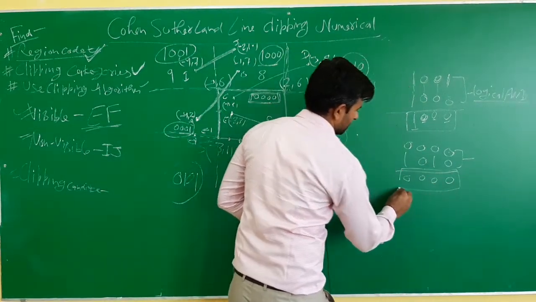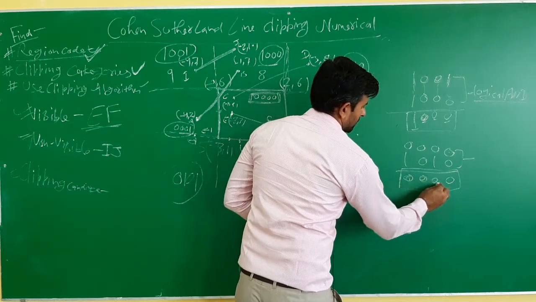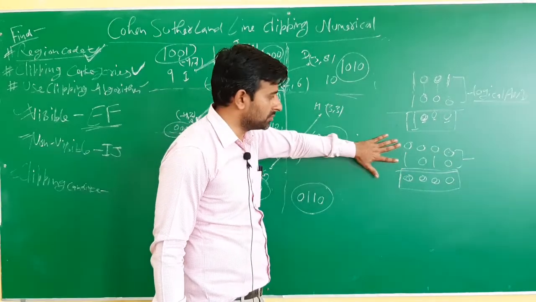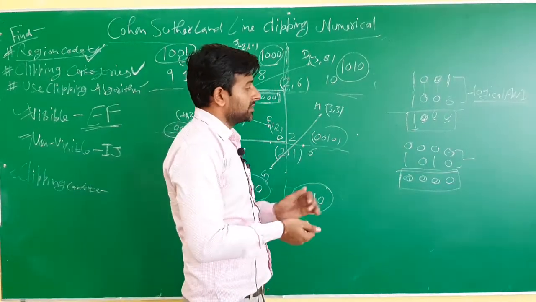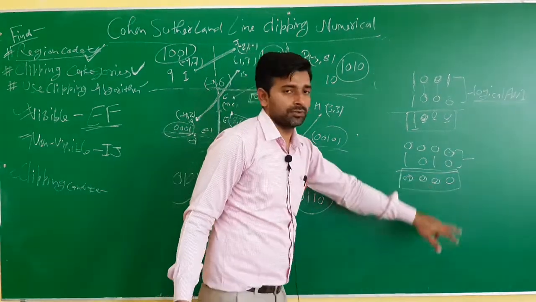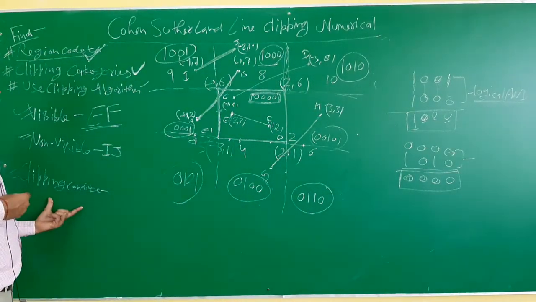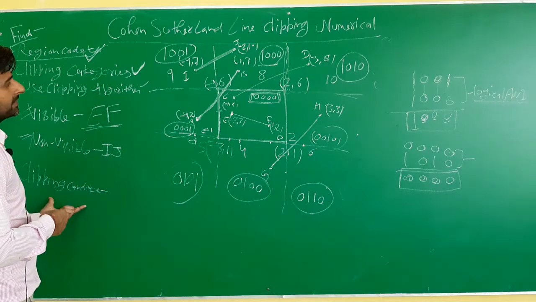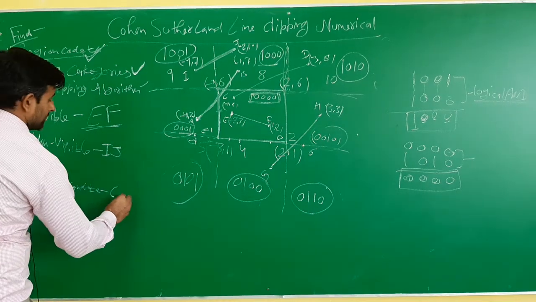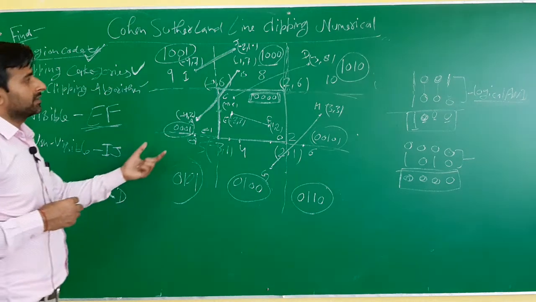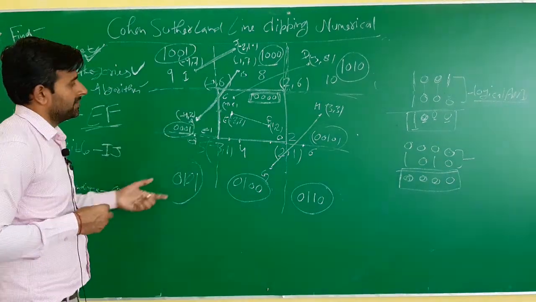Now, check: both the end point region codes are not 0 0 0 0, but the logical AND is 0 0 0 0. Then this will fall in the clipping candidate category. Then this line CD. These three lines are covered.